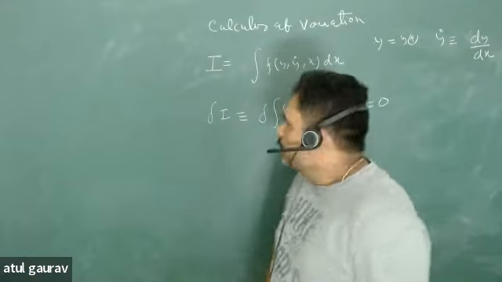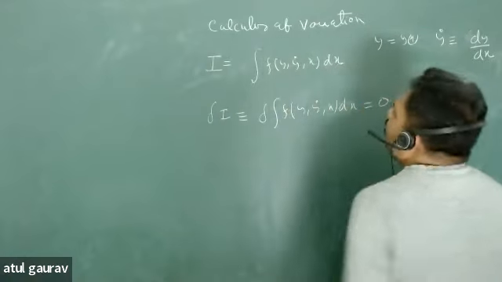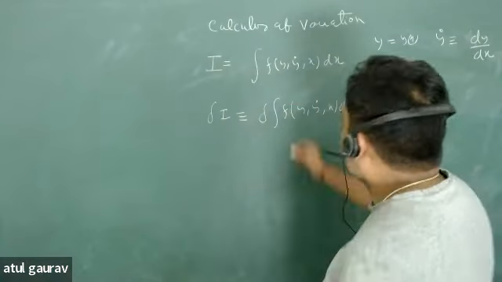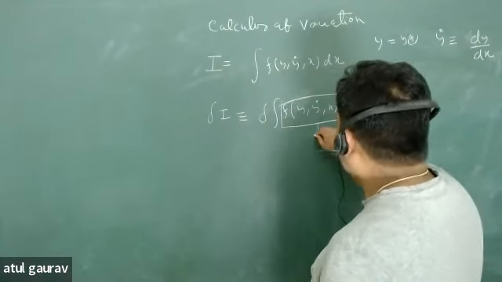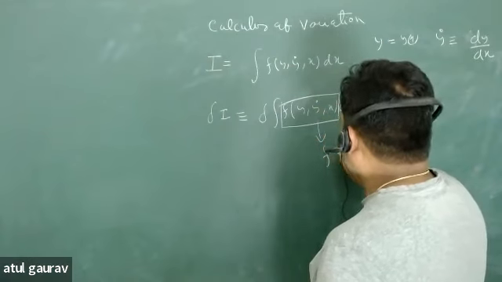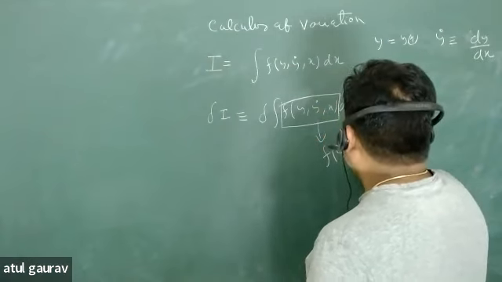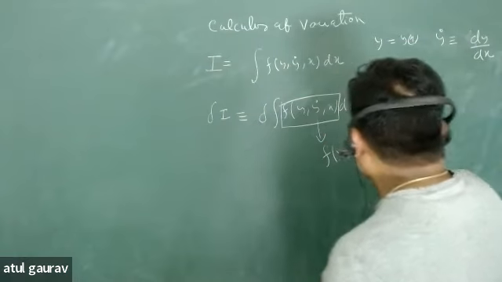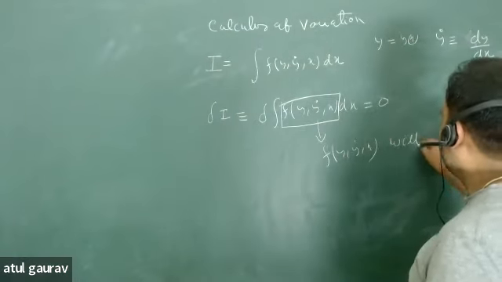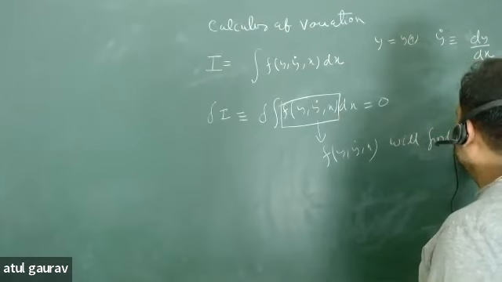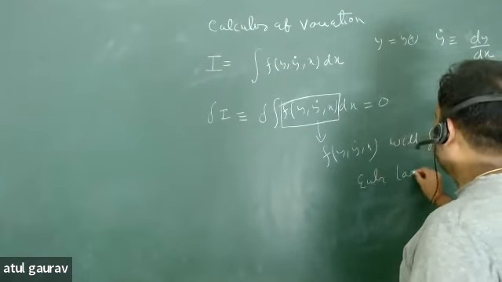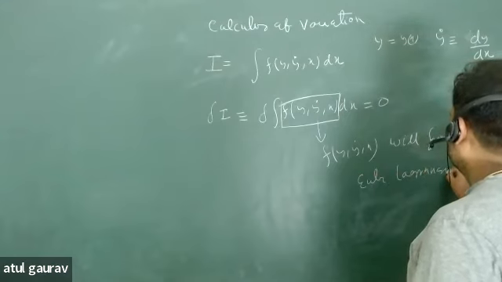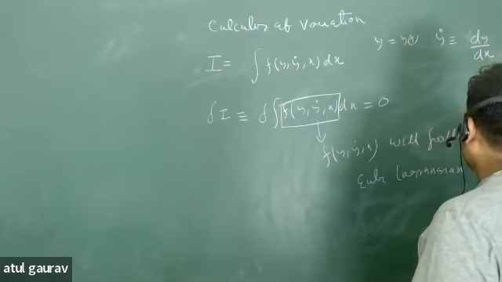Great. So if this condition holds, then this f, as a function of y, y dot, x, will follow the Euler-Lagrange equation.